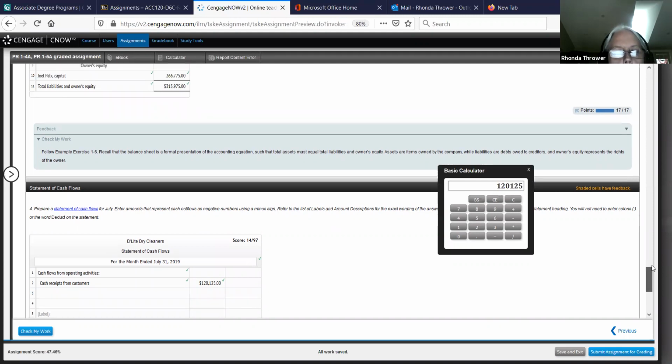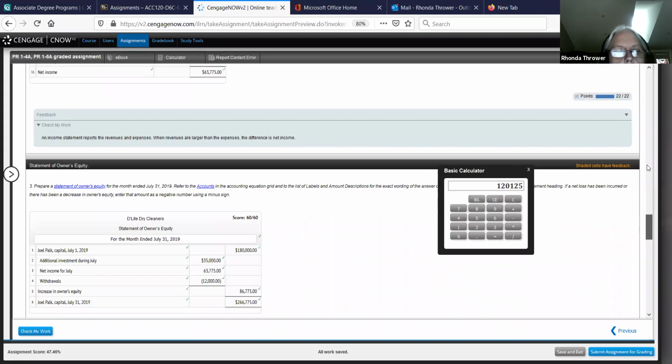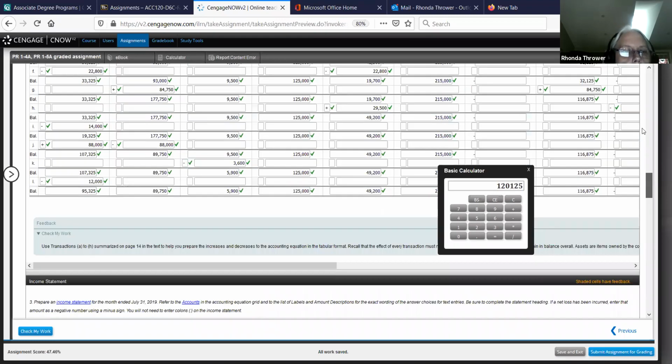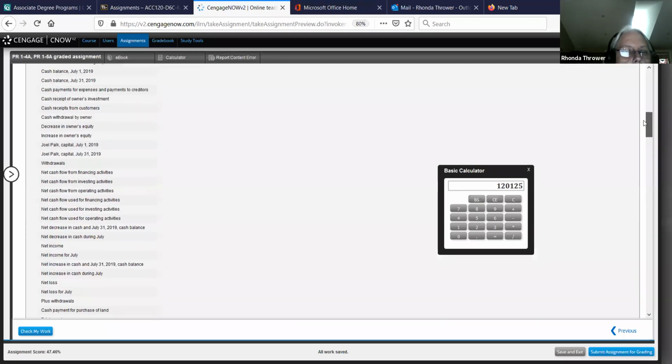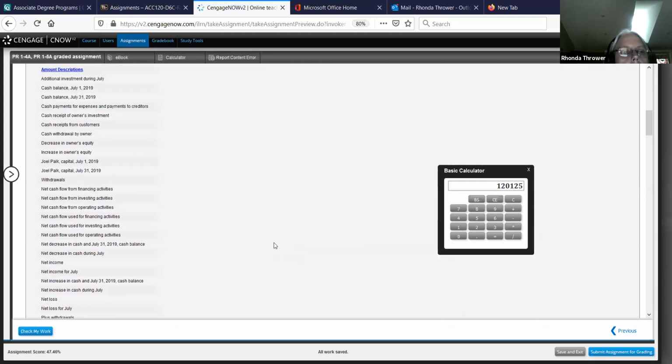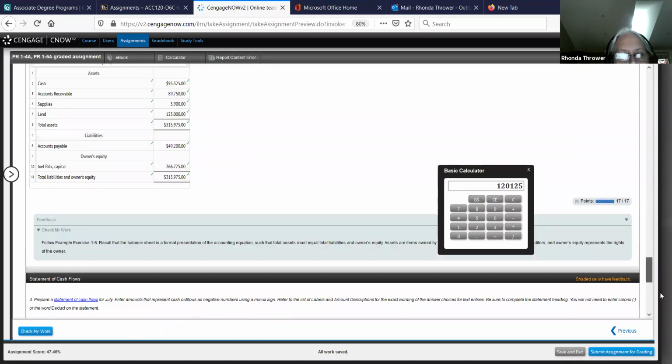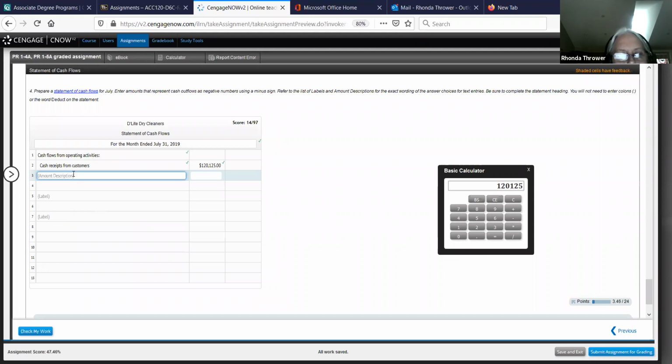So I'm going to look at my account descriptions and see what the best answer would be there. And right here is cash payments for expenses and to creditors. I'm going to copy and paste that into my statement of cash flows.